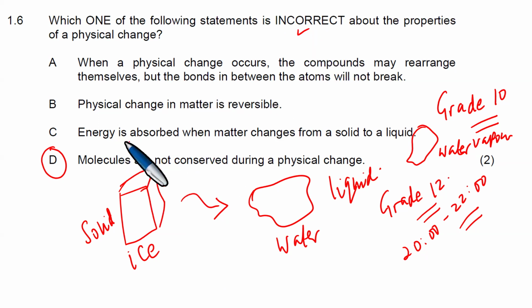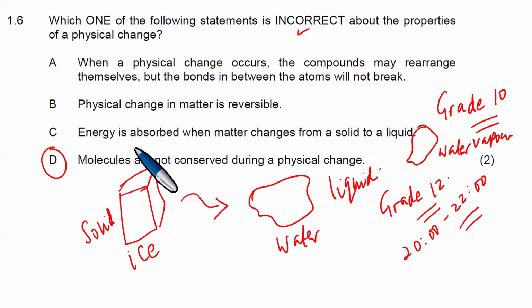The rest are correct. Energy is absorbed when matter changes from a solid to a liquid. This is correct, because when ice changes to water, it's still water, whether it's water vapor or an ice block. When matter changes from a solid to a liquid, energy is absorbed.